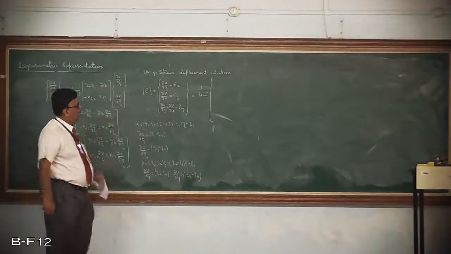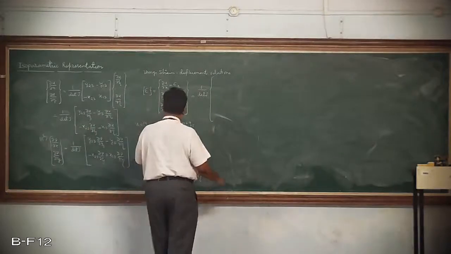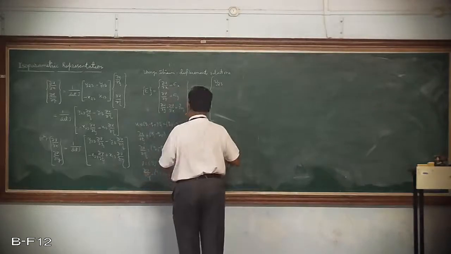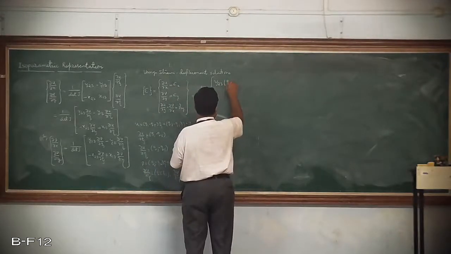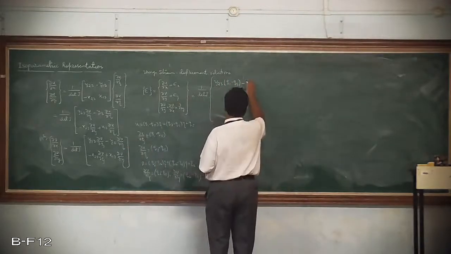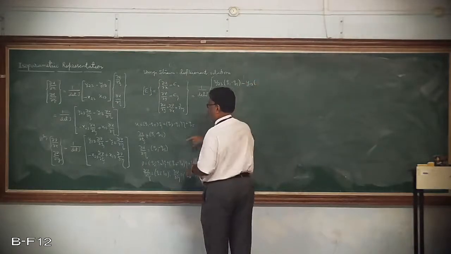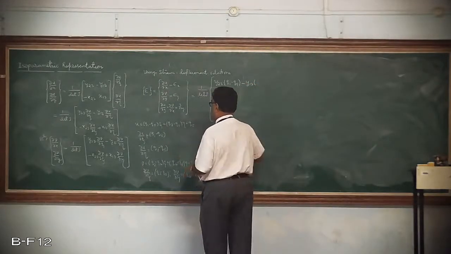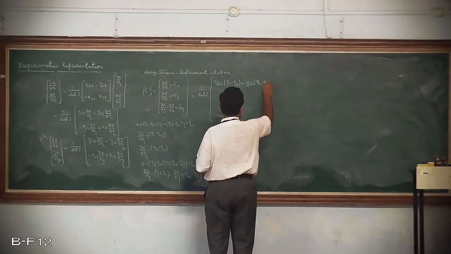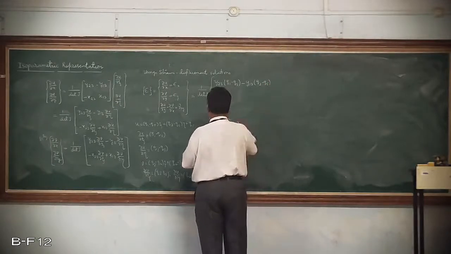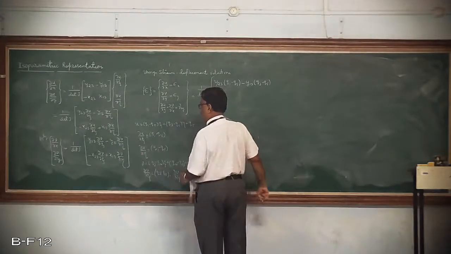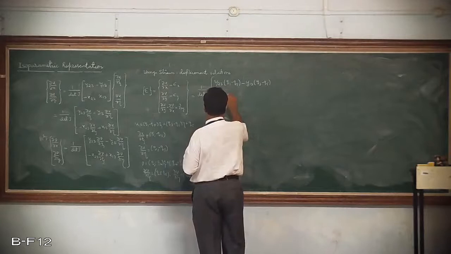Obviously, if I come here, dou u by dou zeta is q1 minus q5. I will substitute q1 minus q5 minus y13 into dou u by dou eta, which is q3 minus q5. Correct. Then x23, dou u by dou zeta again.